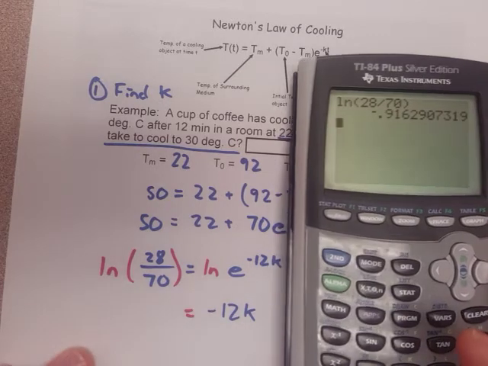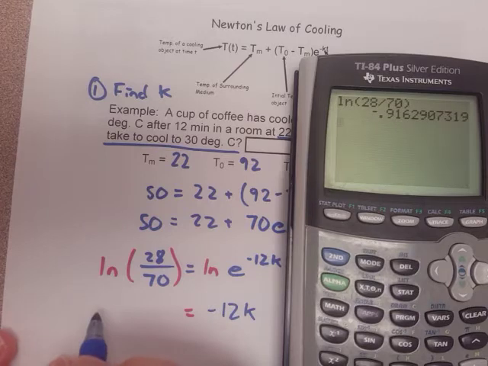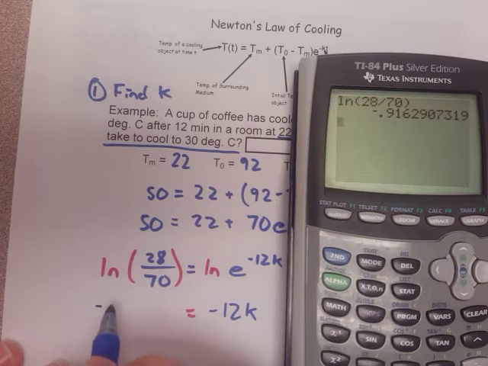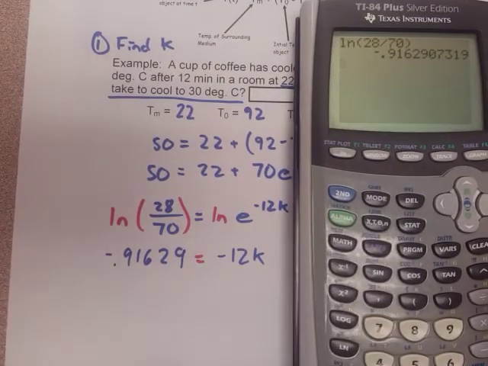Okay, so that's about negative 0.9163. It's in our best interest to do a lot of decimal places in this problem, and we'll see why in a little bit. So let's go to 29 like that. Let's go that far. Then we want to take this, and it looks like we need to divide by negative 12 on both sides here.